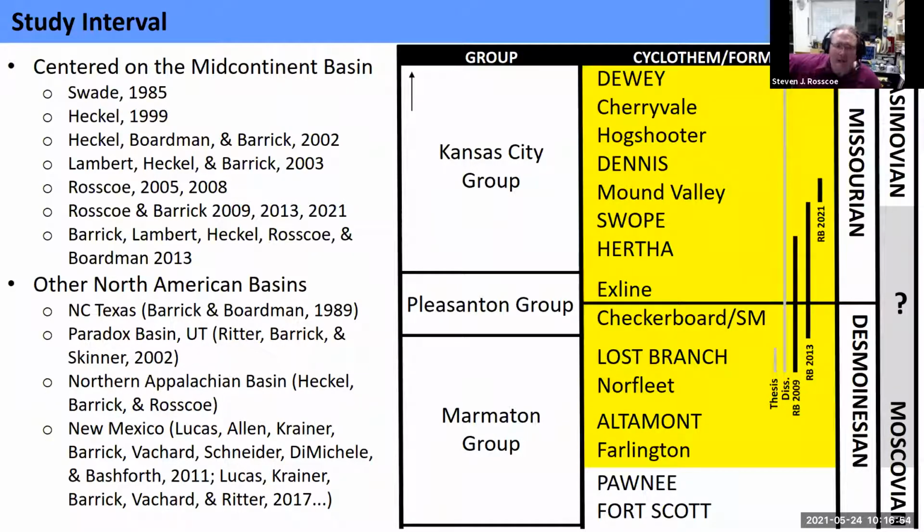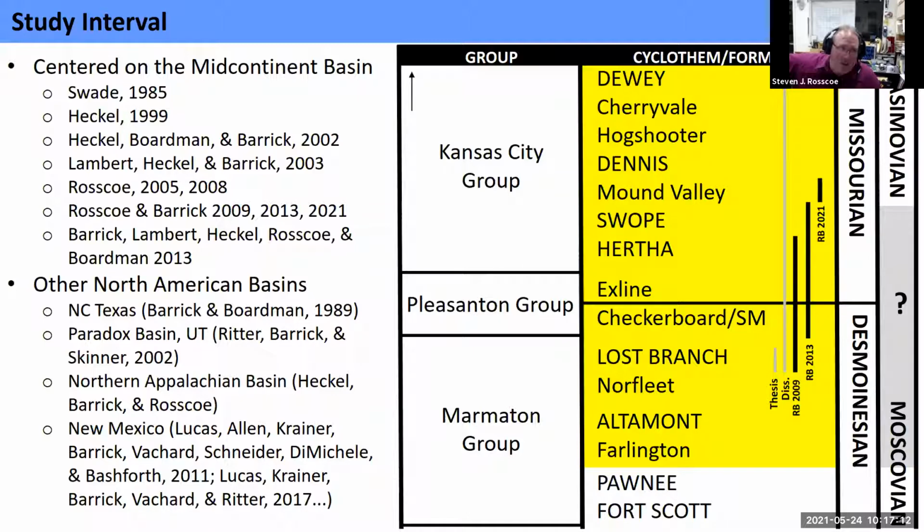So we'll start down there in this talk, and we'll look at how Idionothodis and other species change as we approach the Missourian Des Moines boundary in North America, and then how that continues to change following the Des Moines Missourian boundary.